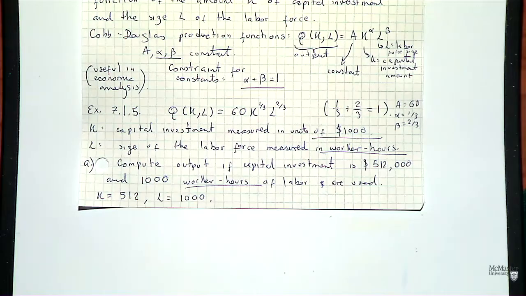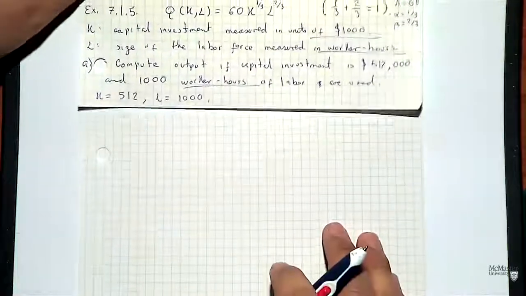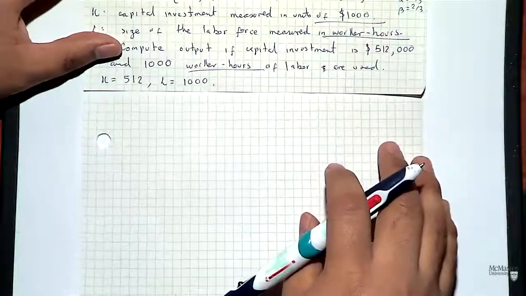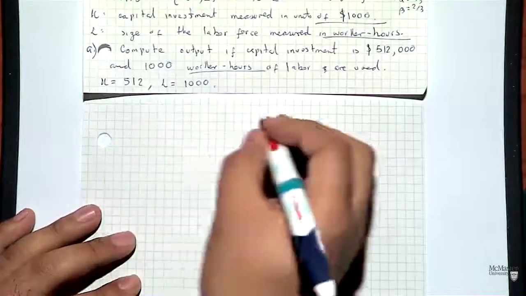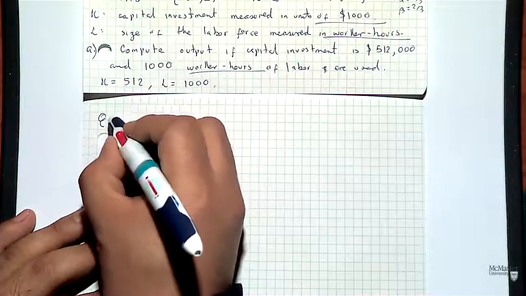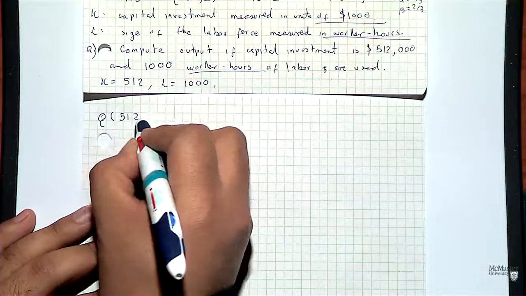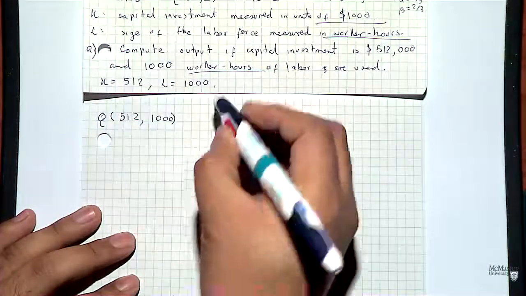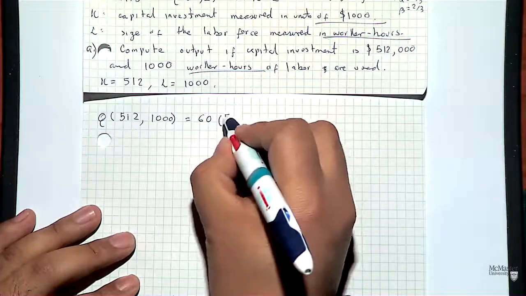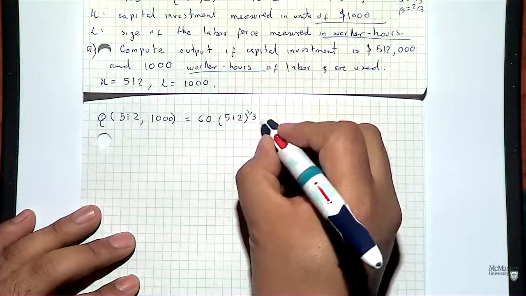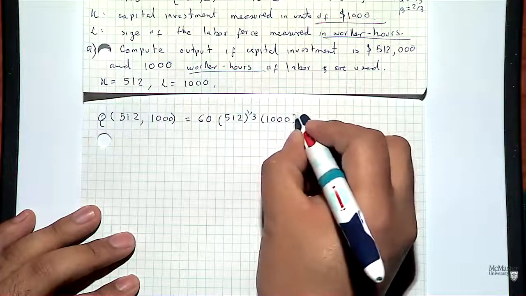The second will be, so we might need some info, so I'm going to keep this one. To evaluate this function for the given values, Q of 512, 1,000, which is Q of K and L, you just plug in and have 60 times K, which is 512 to the 1/3, times 1,000 to the 2/3.